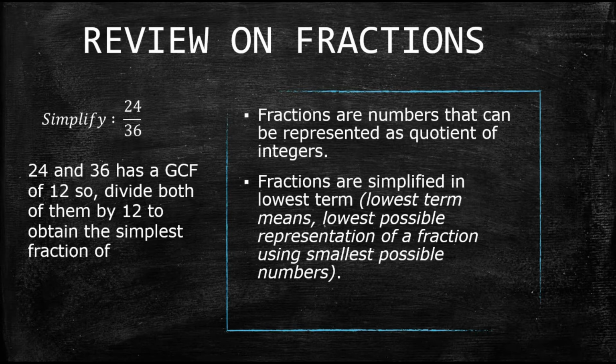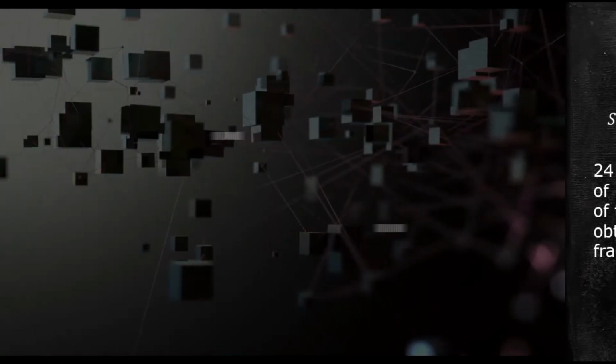So you need to divide the numerator and denominator by 12 simultaneously to obtain the simplest form of the fraction. So 24 divided by 12 is 2, while 36 divided by 12 is 3. That's why the lowest term of our given is 2/3, or 2 over 3.